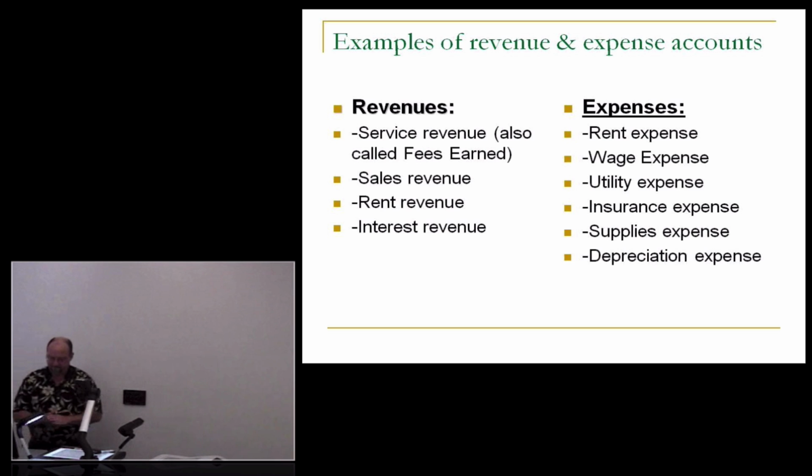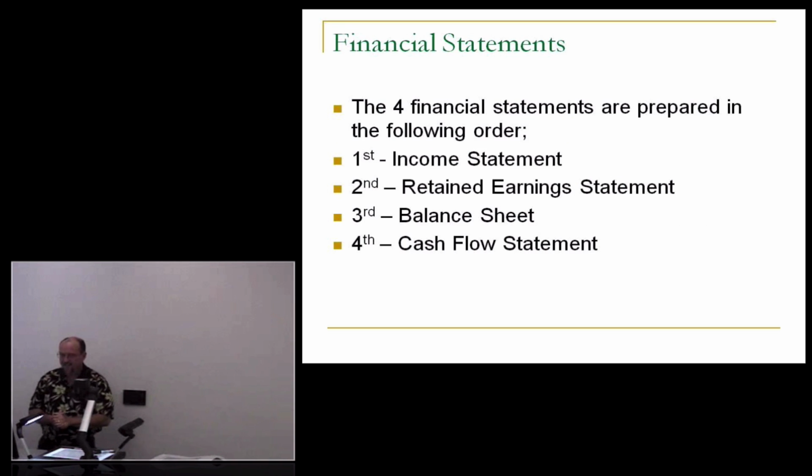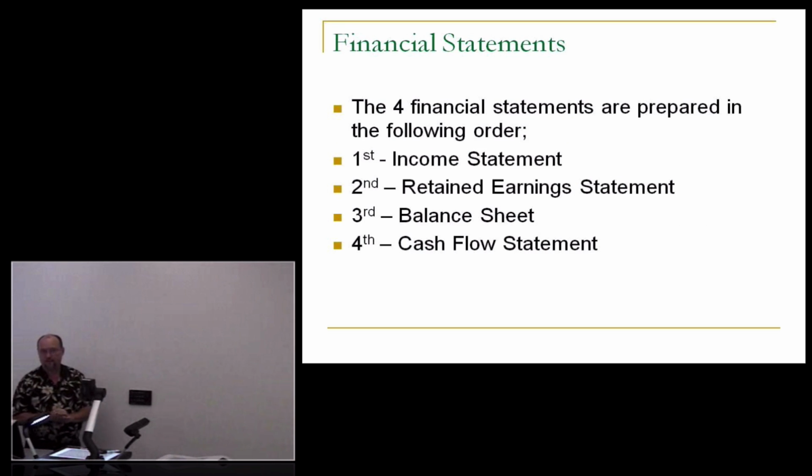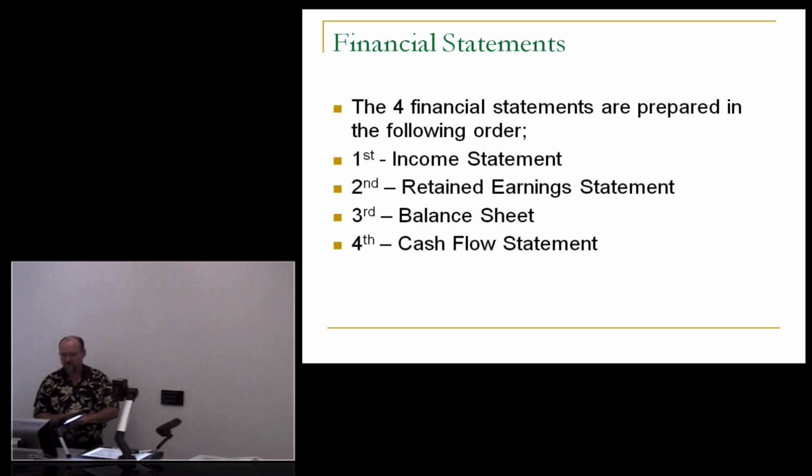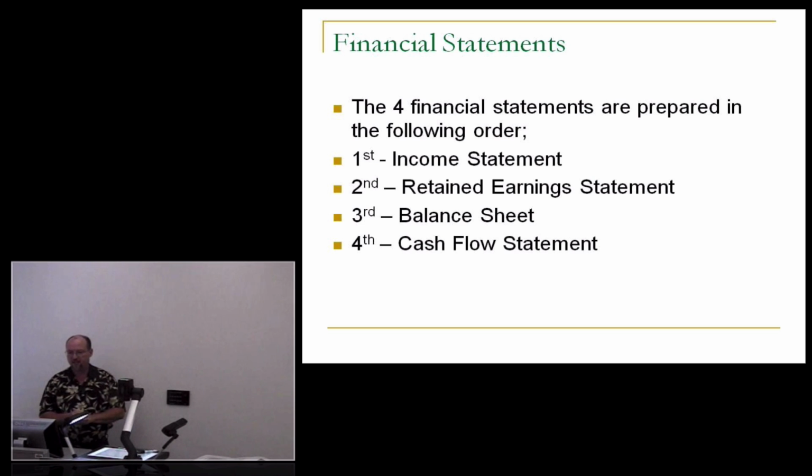Okay, the end product, if you will, of the accounting process is the preparation of financial statements. And remember, financial accounting has to satisfy the needs and the questions of both internal users of financial information and external users of financial information.